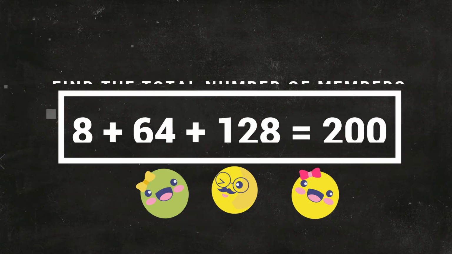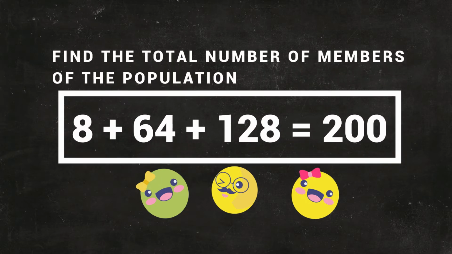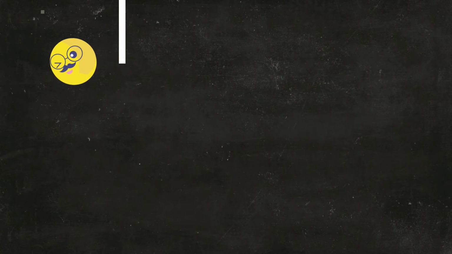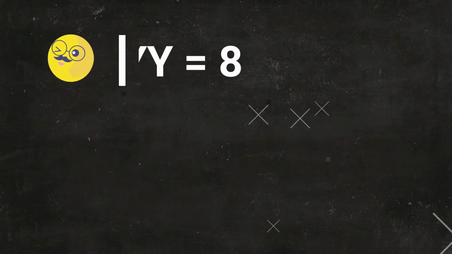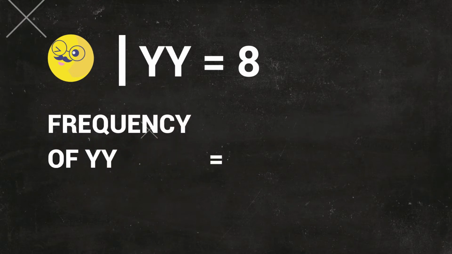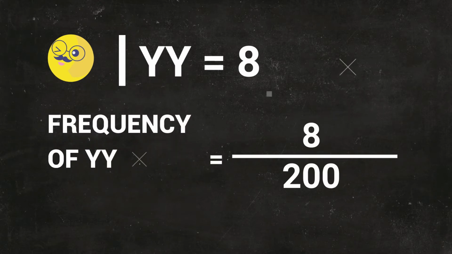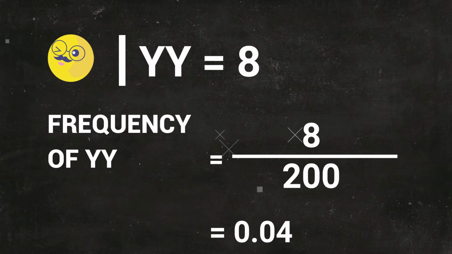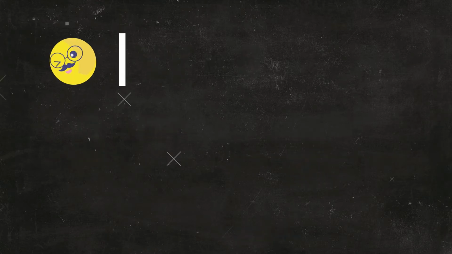First, the total number of pea plants in the population is 8 plus 64 plus 128, which equals 200 pea plants. Secondly, the number of pea plants that are homozygous dominant is 8. So to get the genotype frequency of big Y big Y, you just have to divide 8 by 200, which will give you 0.04.